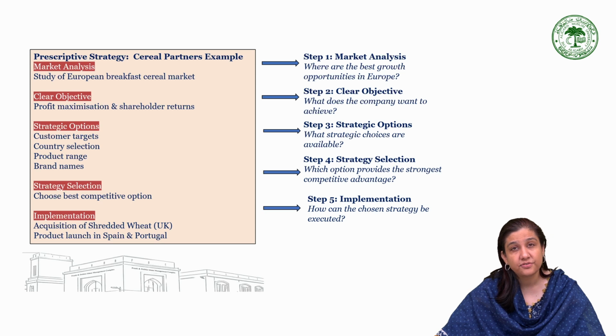Many strategies fail not because they are poorly designed, but because they are poorly implemented. So it should be made sure that the conditions which are required for an effective implementation of a strategic choice are present. And hence, implementation is as important as planning.